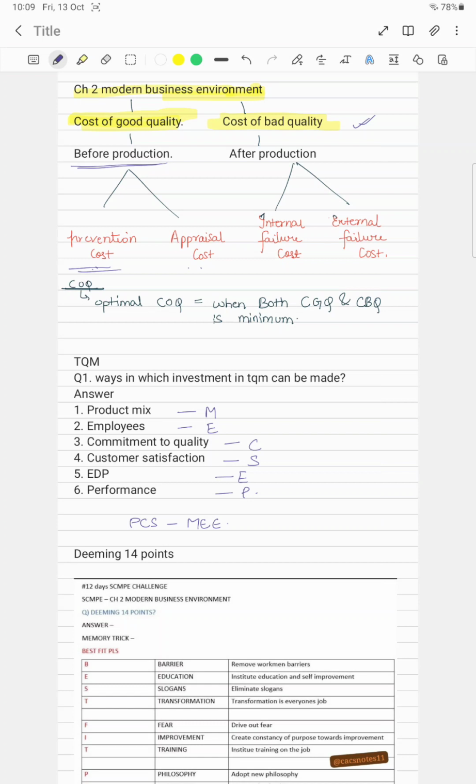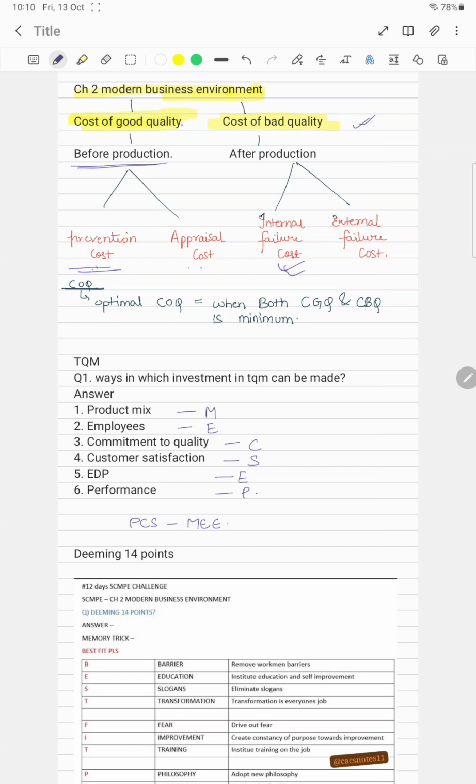So if after production but before delivering the goods to the customers we got to know that the pens are not working, so internally we detected this. Now we have to incur internal failure cost. For example, some waste or scrap occurred, so to rectify those bad quality products we need to incur internal failure cost.